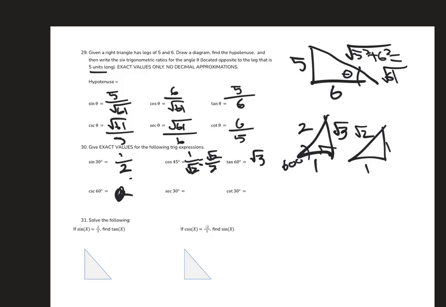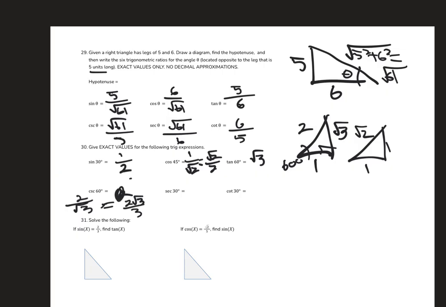And we're also asked for the cosecant of 60 degrees, which would be 1 over the sine of 60 degrees. The sine of 60 degrees would be root 3 over 2, so this would be 2 over root 3, which is equal to 2 root 3 over 3.